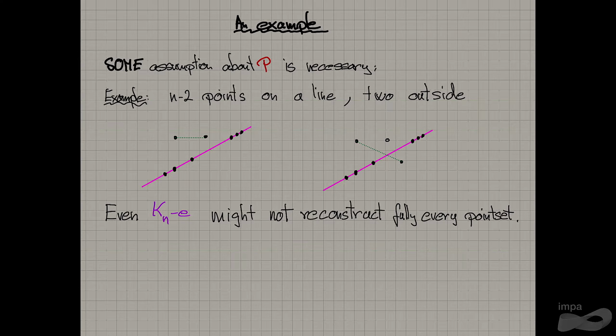Now, if you know all the distances between all pairs except the 2 outside points, then you can't distinguish this configuration from that one, because if you reflect on the line, every other pair will be the same. So even if you have a graph which is the complete graph minus one edge, you might not be able to reconstruct the whole point set.